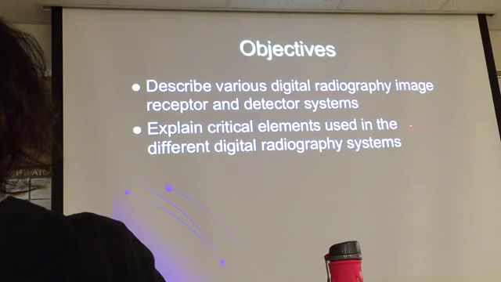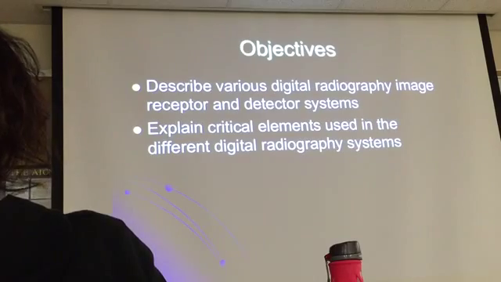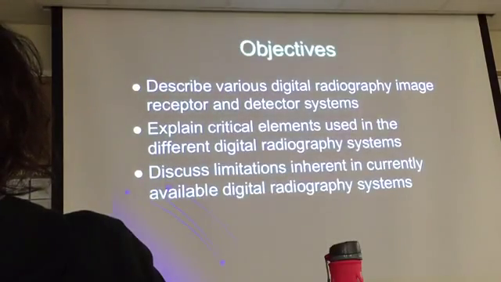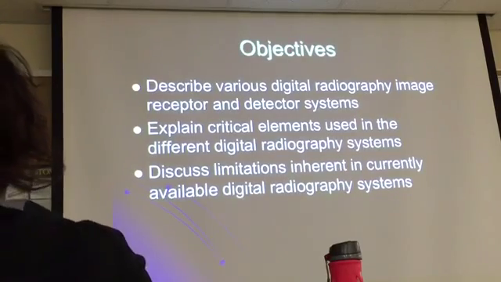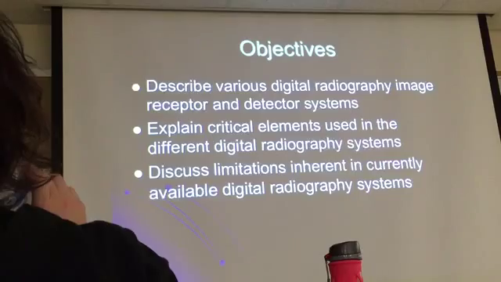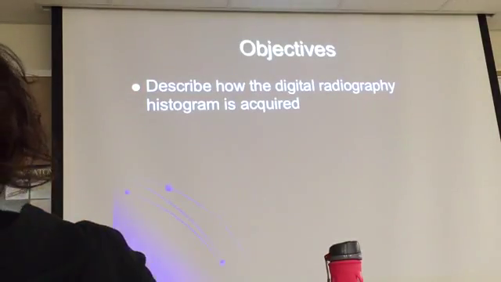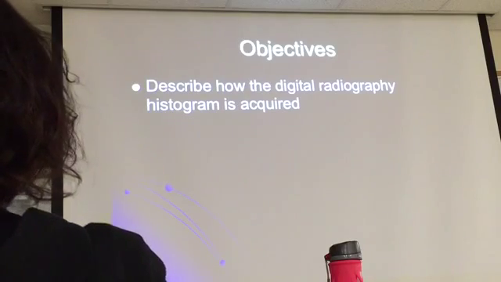Explain critical elements used in the different digital radiography systems. What makes them unique? Discuss limitations inherent in currently available digital radiography systems. What are the pros, what are the cons? What is a histogram?